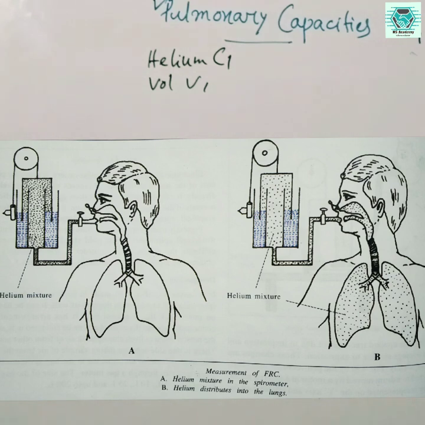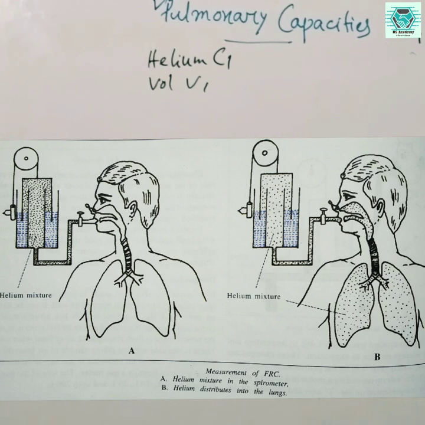Now the person whose FRC is to be measured is connected to the spirometer at the end of normal expiration. It means there is FRC amount of air in his chest at the start.